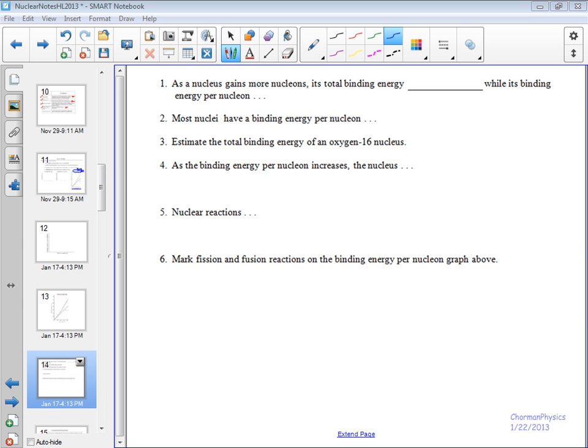We're going to come back to this after we formally define it, but in general, as a nucleus gains more nucleons, its total binding energy is going to increase, while its binding energy per nucleon will also increase.